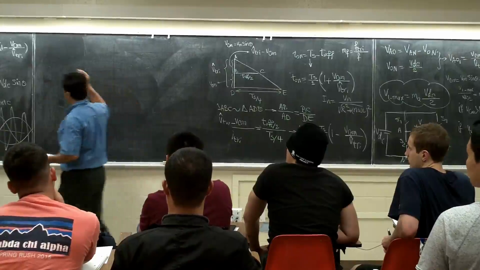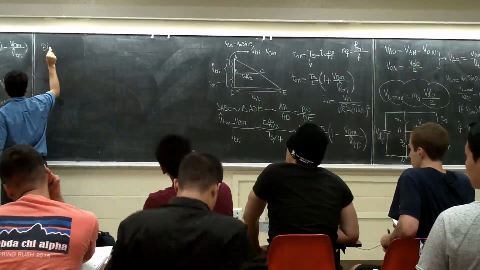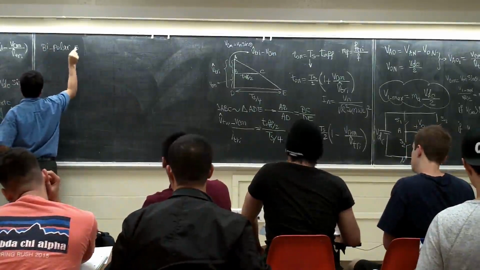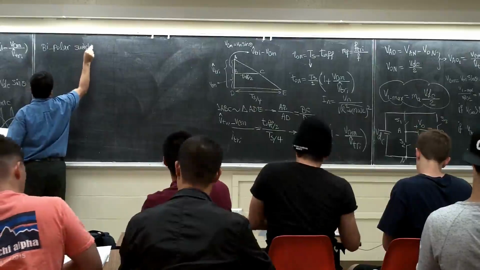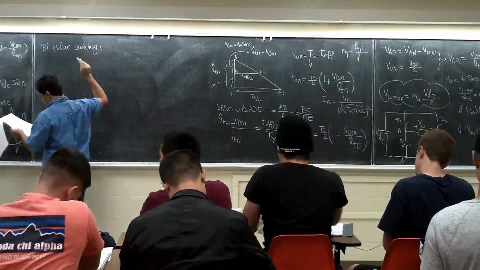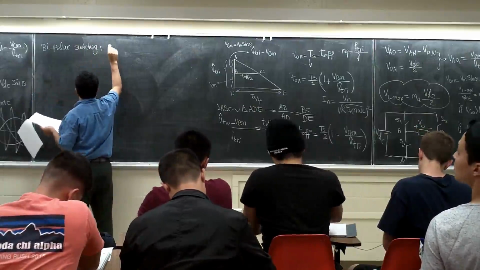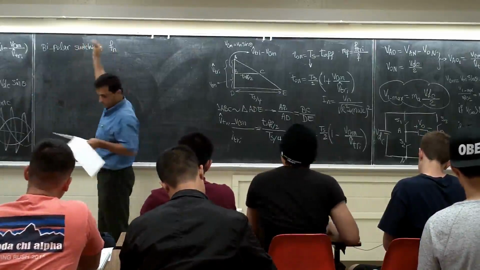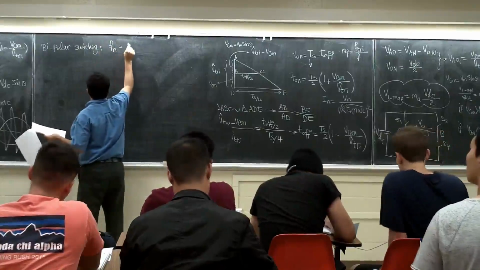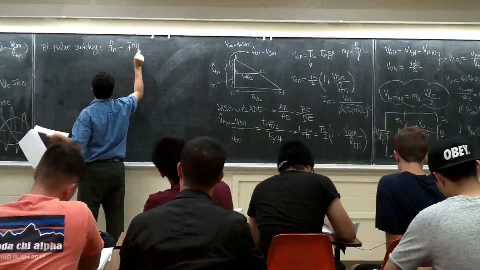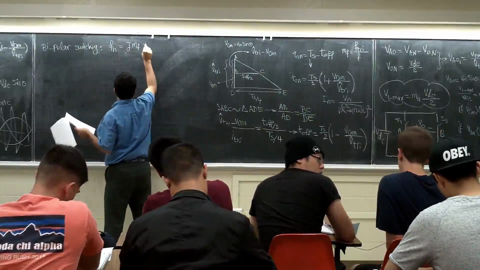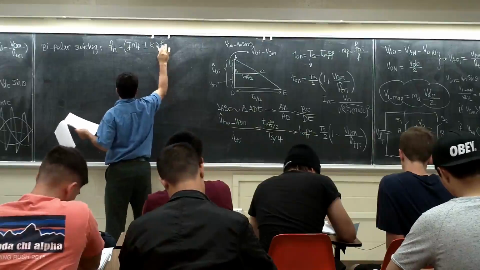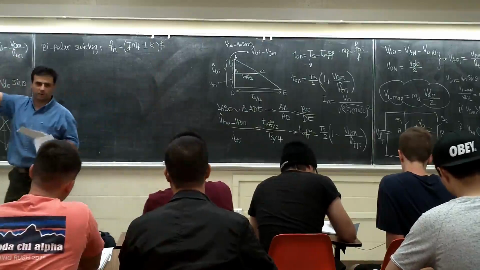For bipolar switching, the harmonics in the output, F_n, where n is the number of harmonics at the output, are going to be at J·MF plus minus K times F1. F1 means 60 Hertz or 50 Hertz, whatever you select.